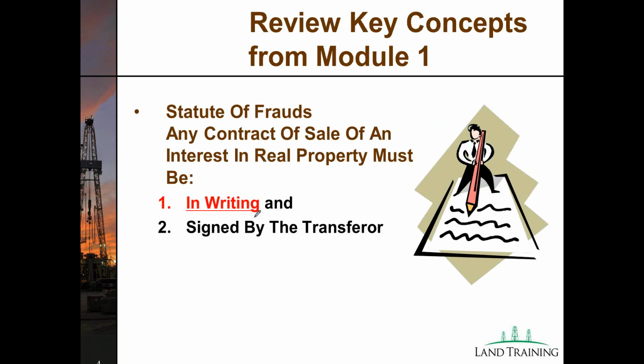So what happened was, in England, this all started with the Statute of Frauds. The Statute of Frauds is a doctrine or a law that originated in England in the 1600s, and it was designed to stop the numerous frauds that were being perpetrated against the court.